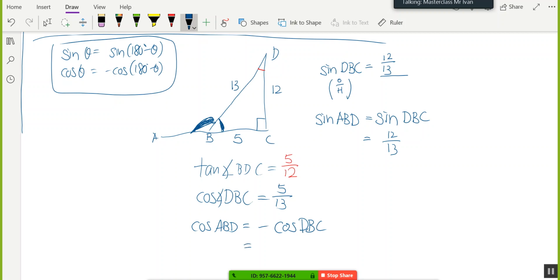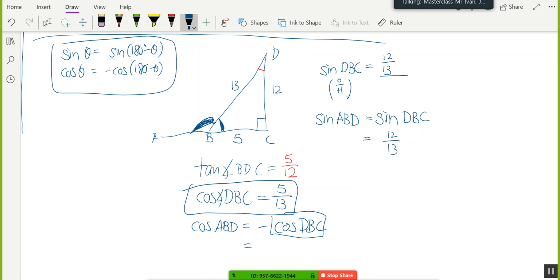Okay, Jerome, what is the answer for this? Negative cosine DBC. What is the answer? I want the cosine, I don't want the angle.